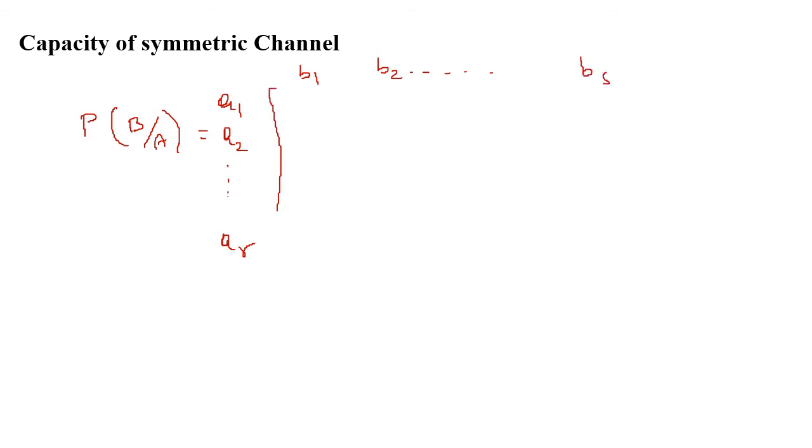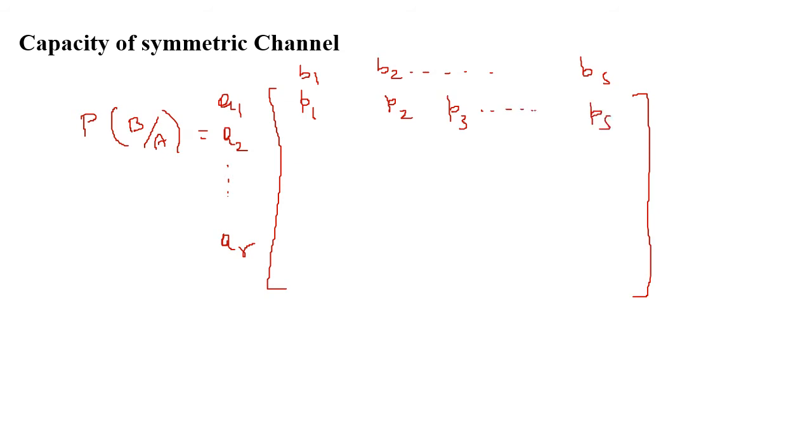In general, the channel matrix of a symmetric or uniform channel with R inputs and S outputs can be written as P of B by A, with rows A1, A2 up to AR and columns B1, B2 up to BS. In the first row you will have the probability values P1, P2, P3, and so on up to PS.